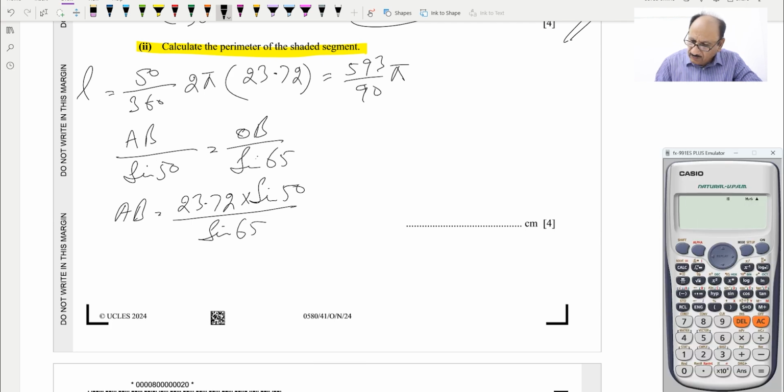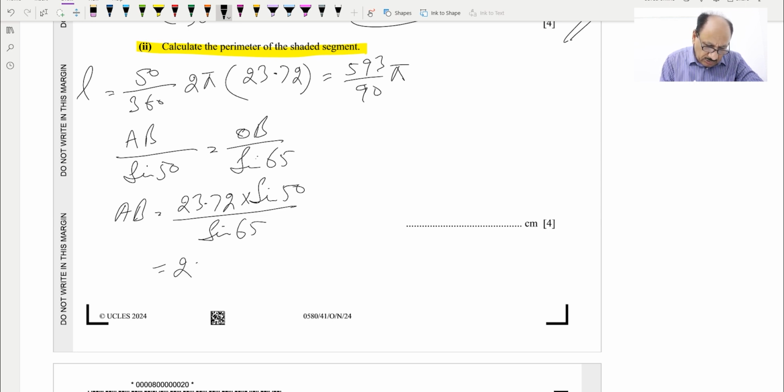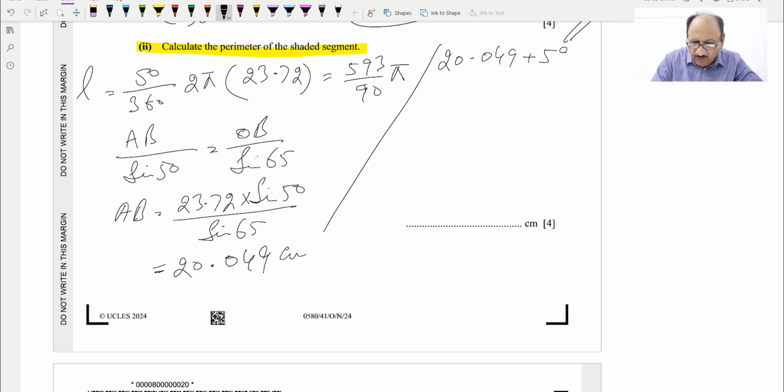This will be 23.72 into sine of 50 over sine of 65, and this is equal to 20.049 centimeters, and now we will be adding this: 20.049 plus 593 over 90 pi.